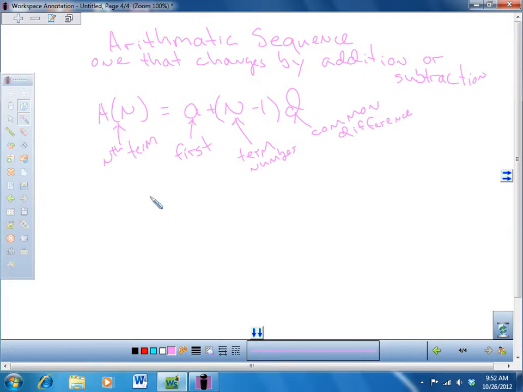I'll show you how this works. They will do something like A of n equals 5 plus n minus 1 times 3. That means times, there's a times sign. Find the first 5 terms.